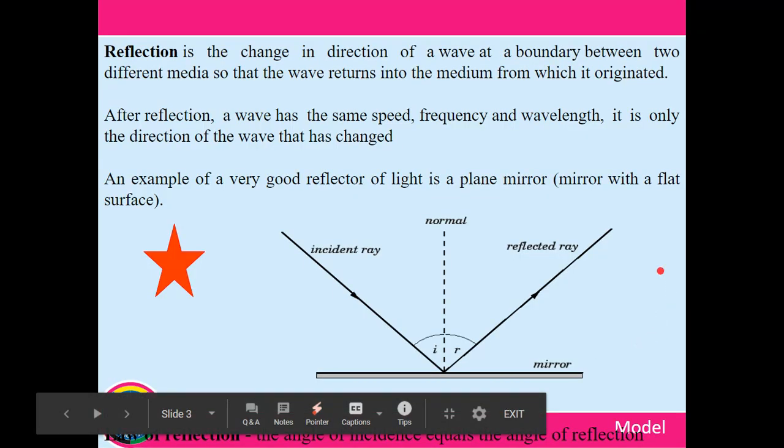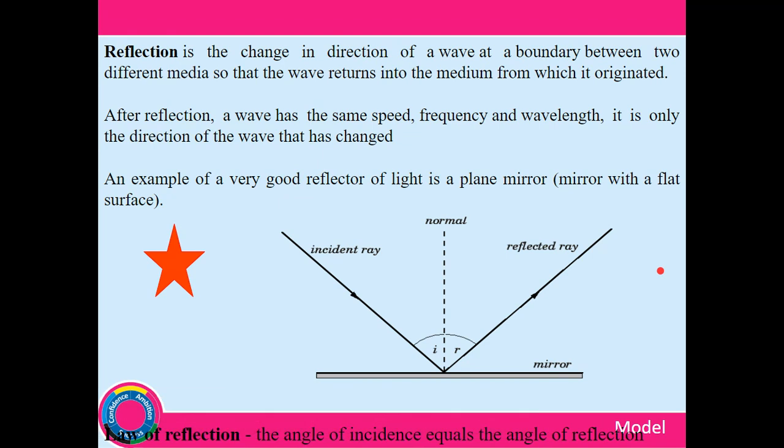So this is information that you need about reflection. Reflection is the change in direction of waves at the boundary between two different media. Now we've seen this word before. This just means a substance of some sort. So that the waves return into the medium which it originated.